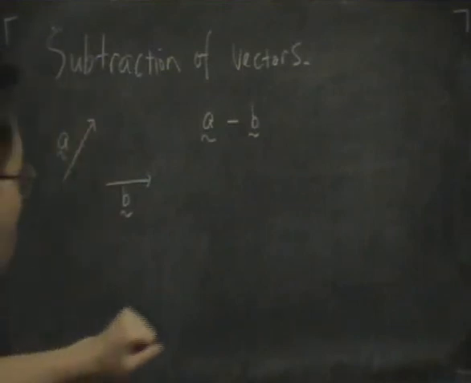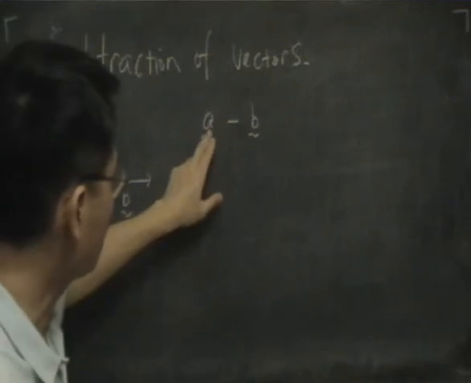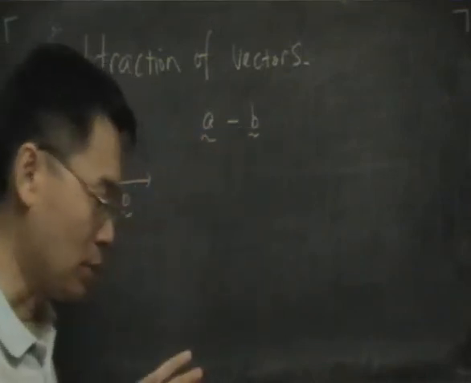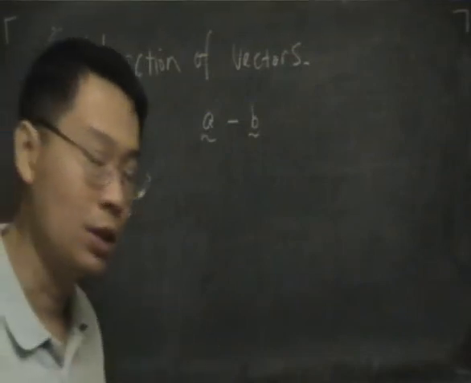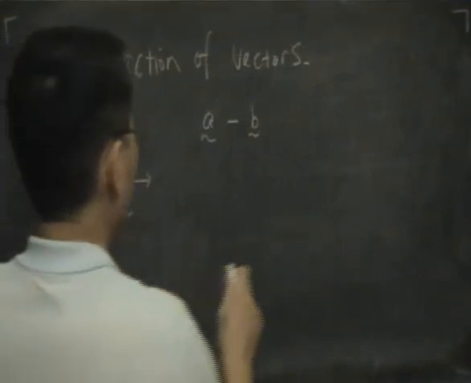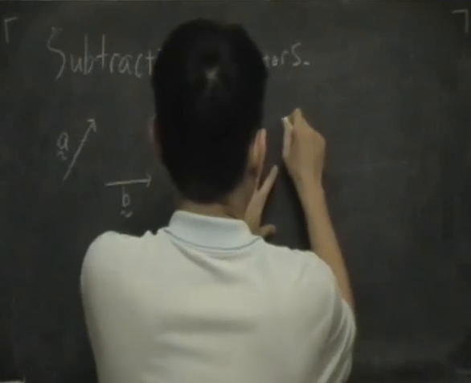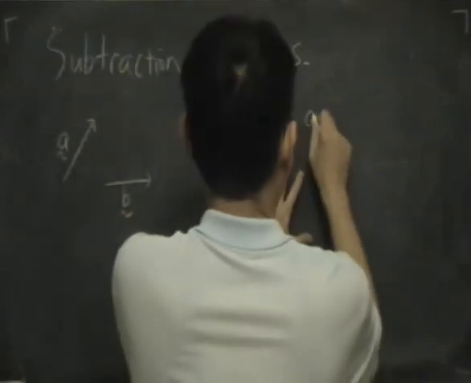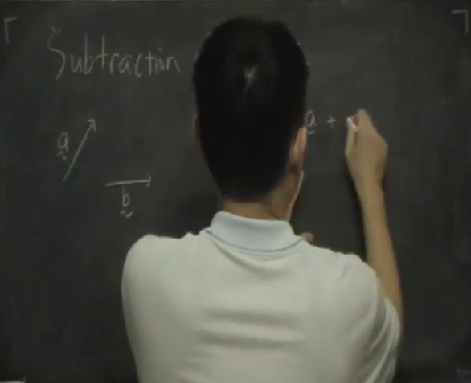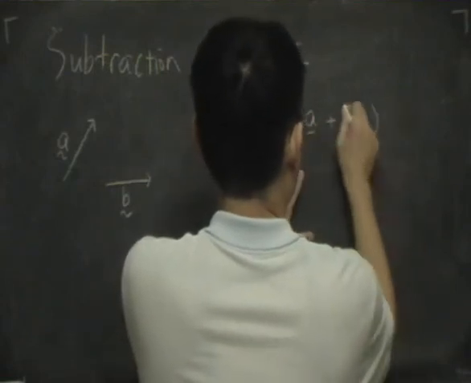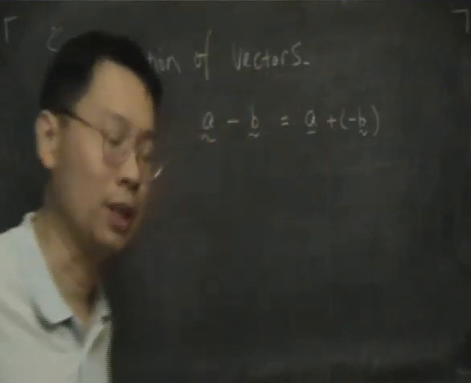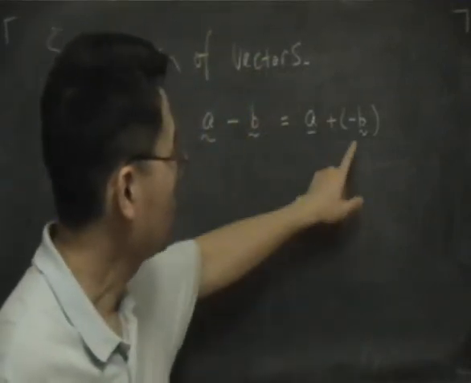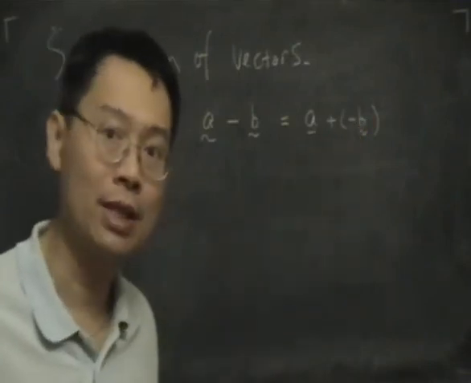So first let's look at what this means. A minus B. The way to do it is to relate this to what we have learned just now. So I'm going to say that A minus B is the same as A plus the negative of B. We have learned what the negative of a vector is.